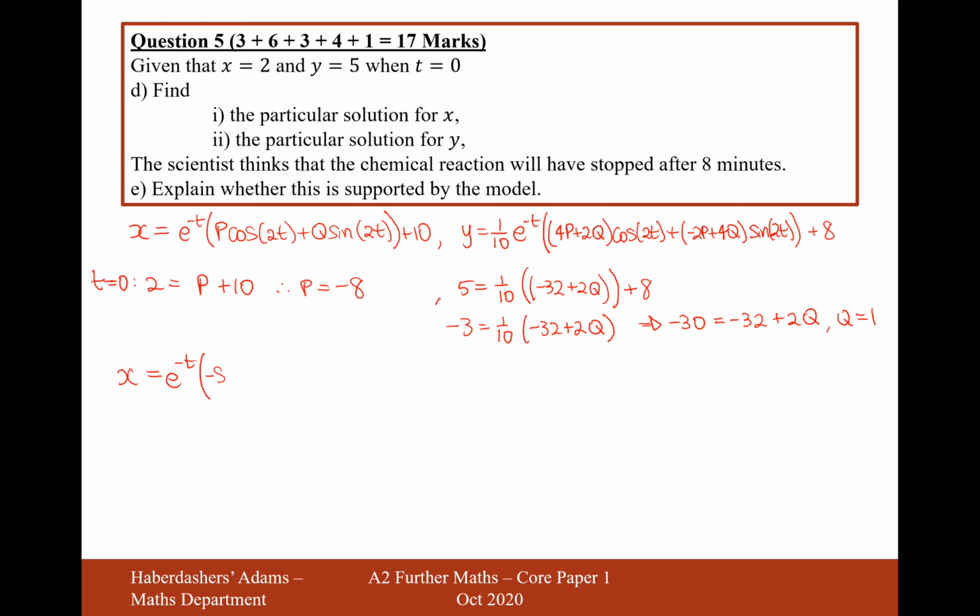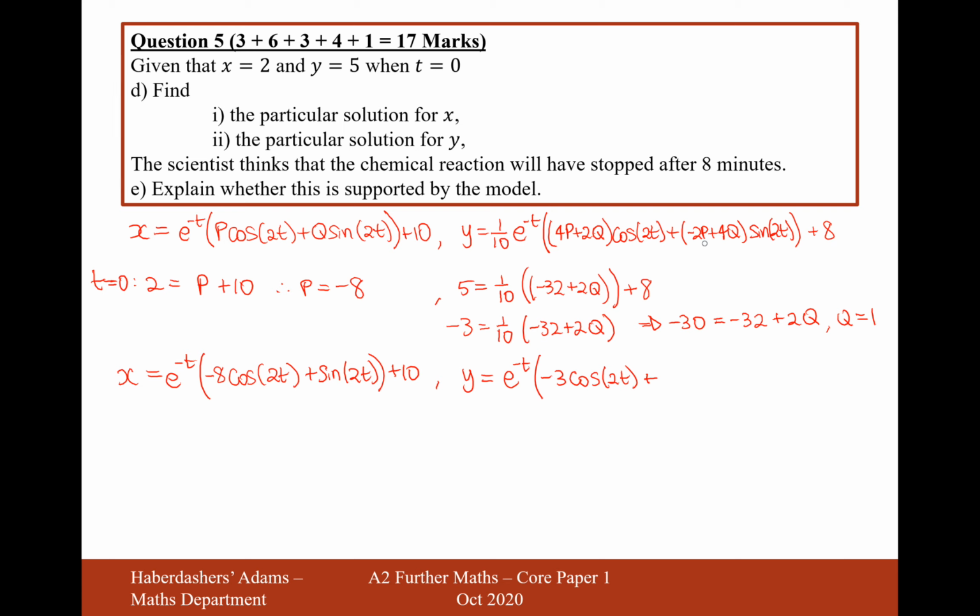So minus 8 cos 2t plus q, which is 1, so just as normal sine 2t, plus 10, and then y is going to equal e to the minus t, open brackets, so in the calculator now, nice and quickly, 4 times minus 8, add 2 lots of 1, that will give us minus 3 cos 2t.